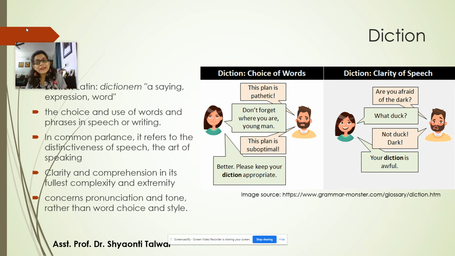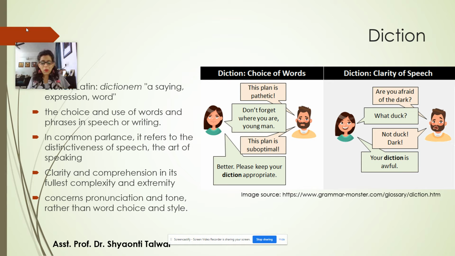And then, if you look at clarity of speech, it has to do with pronunciation and tone, right? Here this man is saying, "Are you afraid of the dark?" And she says, "What, duck?" And he says, "No, not duck, dark." So there is a misunderstanding because of a lack of awareness of a certain kind of pronunciation.